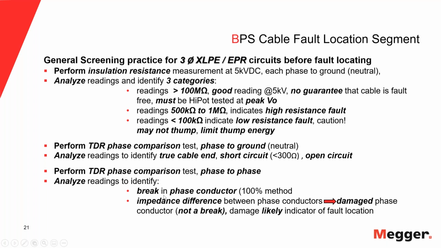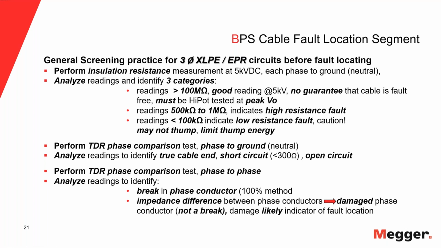Okay, so really what the phase-to-phase test does is it measures the impedance differences between the phase conductors. And wherever there is an impedance difference, it doesn't have to be a complete open, it doesn't have to be a complete short circuit. Just a difference in impedance shows me that there must be a difference in the conductors.